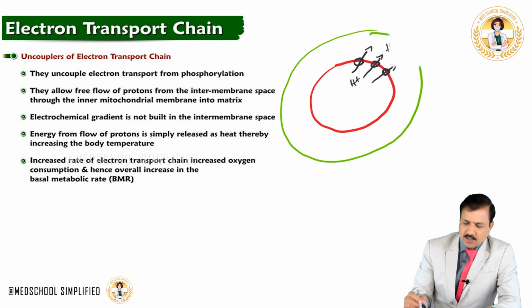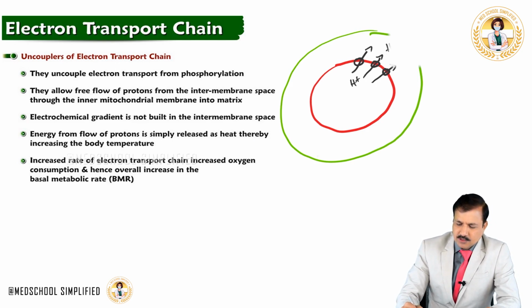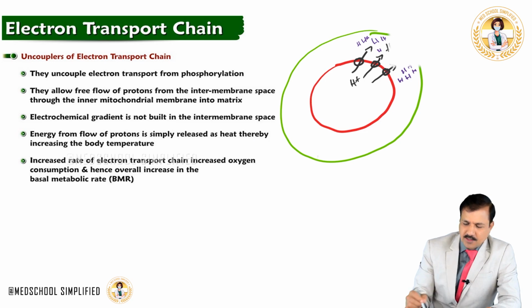Now when the electron transport chain is running, the protons are pumped into the intermembrane space from the matrix side. As more and more protons build up here, the proton gradient is building up. At that time, these protons will come back into the matrix side through ATP synthase.